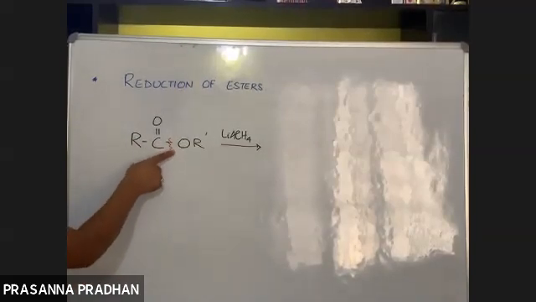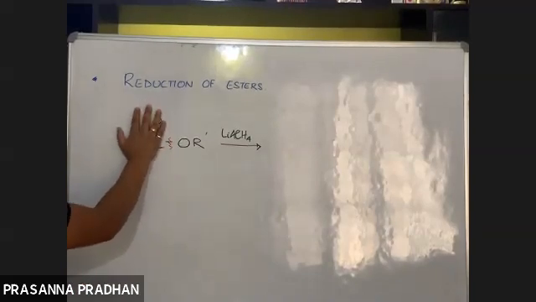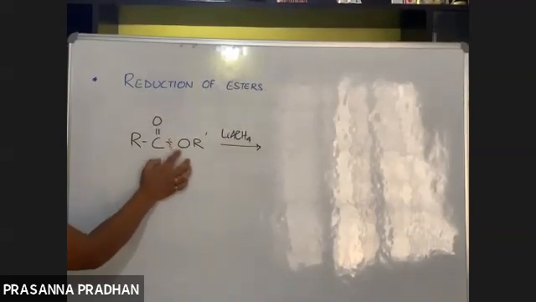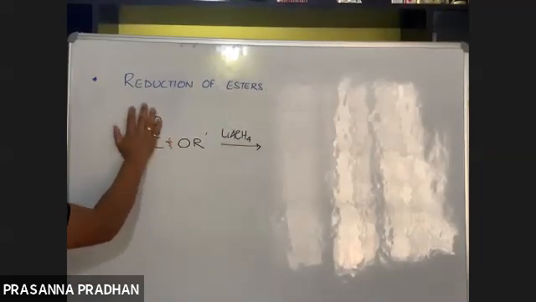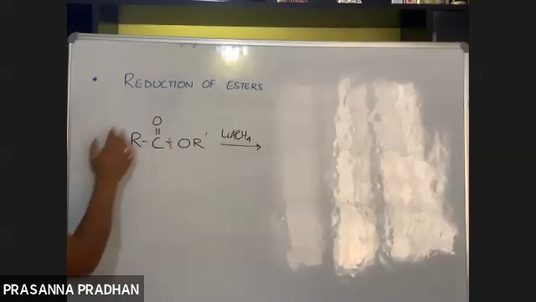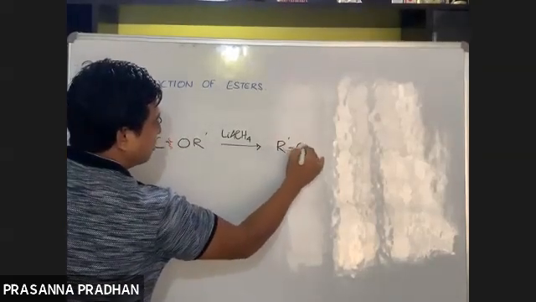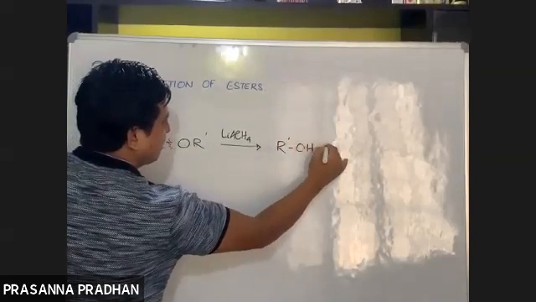So if hydrogen is added to this fragment, what do you get? The bond cleavage is taking place out here, so if hydrogen is added here, obviously we get R-OH, one alcohol.